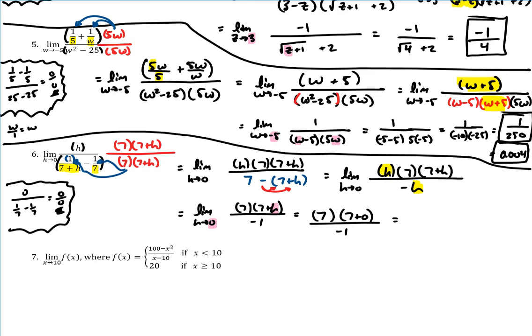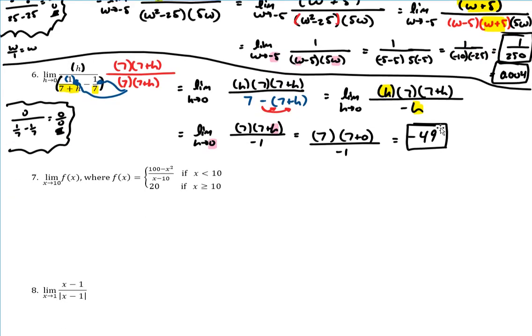Well, 7 plus 0 is 7. 7 times 7 is 49. Divided by negative 1 would be negative 49. All right, there it is. So that's how we could break that problem down. So that's our strategy with fractions.